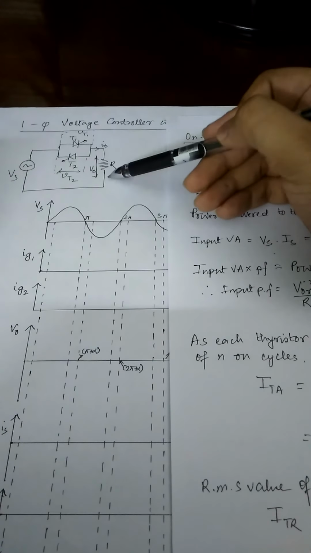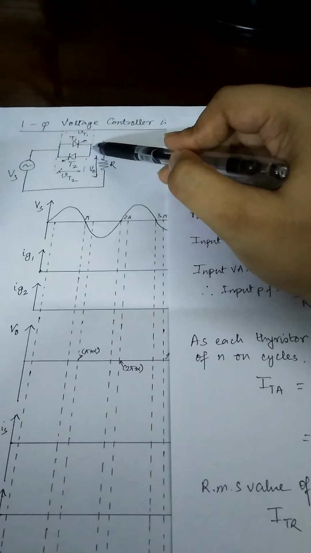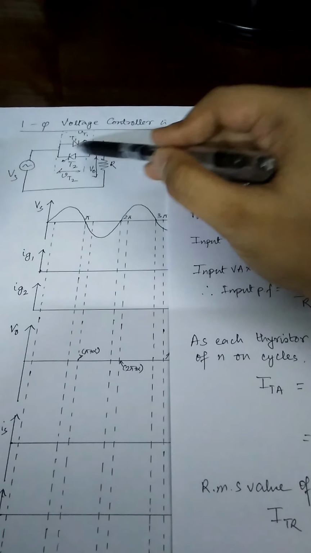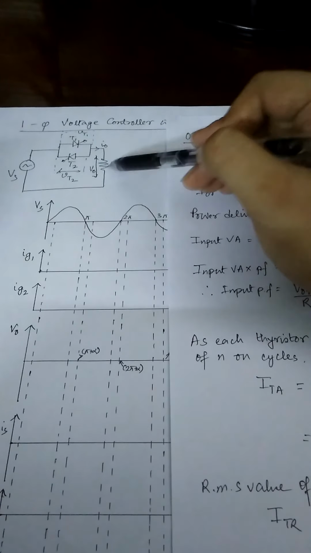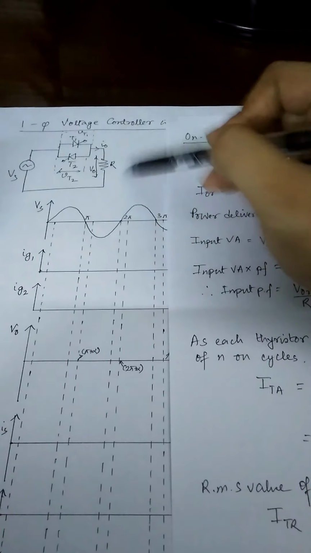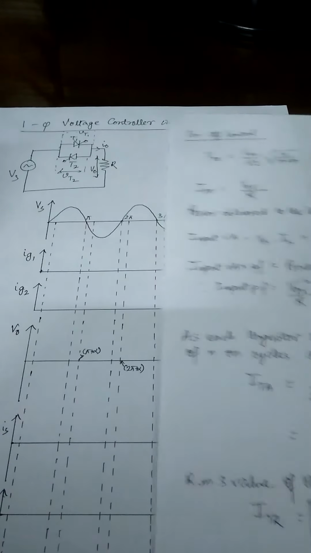The current flowing through the thyristor depends on when the thyristor is going to be in conducting mode. After the thyristor is in conducting mode, only then is the current flowing through the load, and the supply current is passing through this point and flowing through the load. So the value of the supply current equals the value of the load current.